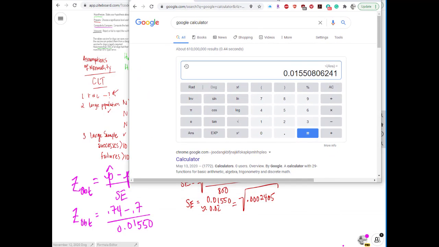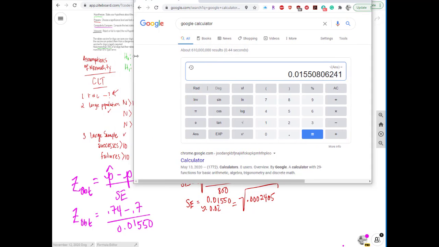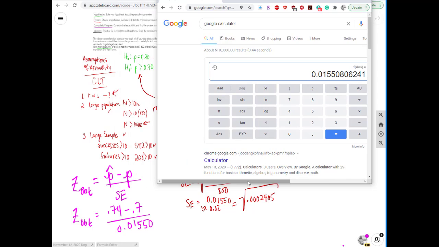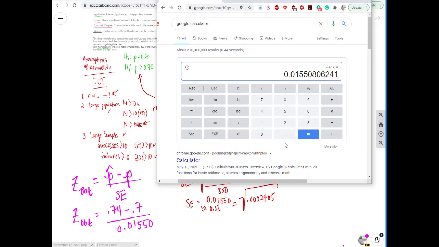Once again, I'm going to bring over my handy dandy Google Calculator to help me with the calculations. I'm going to clear this out and type in 0.74 minus 0.7, and I get my numerator.